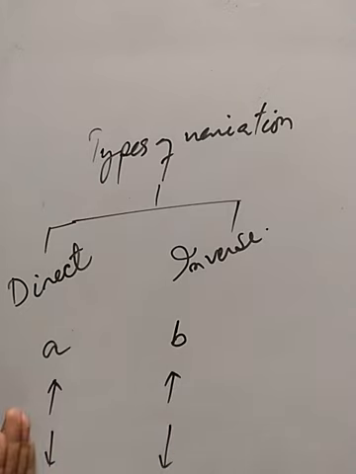That means increase, increase, decrease, decrease. This kind of variation is what we call direct variation. That means we can say that A and B are in direct variation. Like before, I gave you the example of the number of pens you buy and the amount that you pay, that is actually direct.